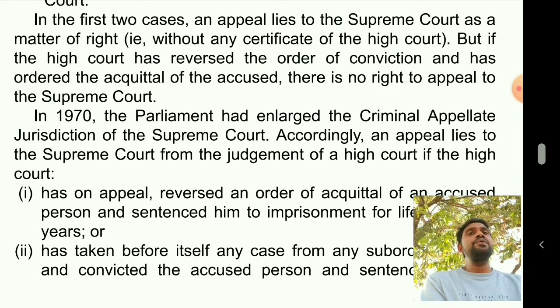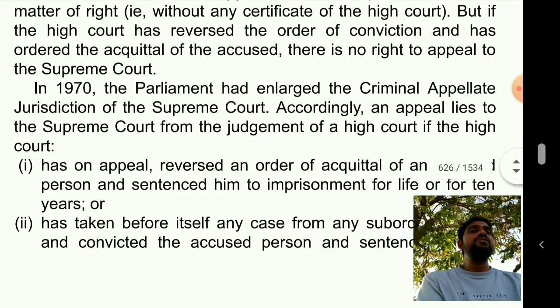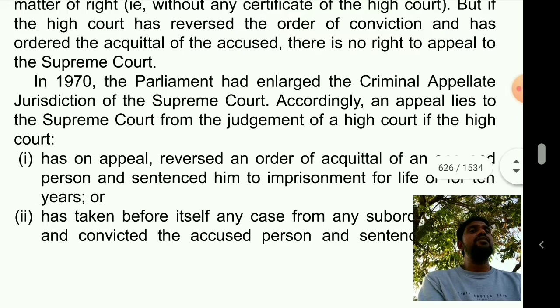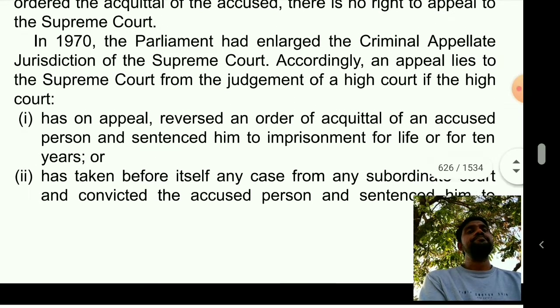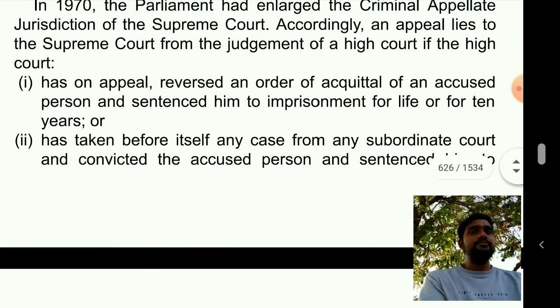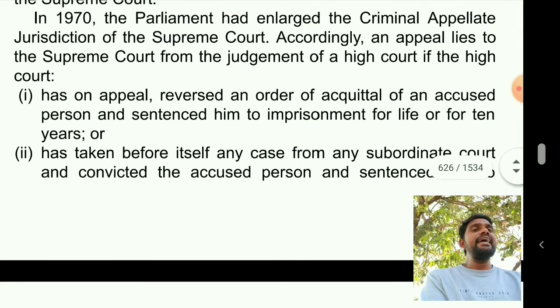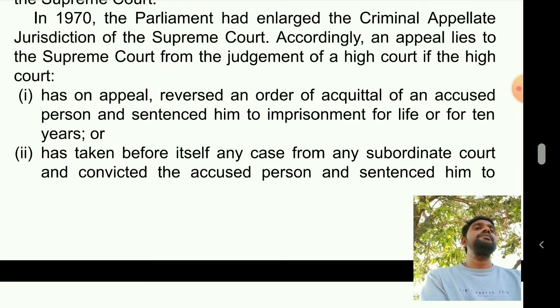But if the High Court has reversed the order of conviction and has ordered the acquittal of the accused, there is no right to appeal to the Supreme Court. In 1970, the Parliament had enlarged the criminal appellate jurisdiction of the Supreme Court.